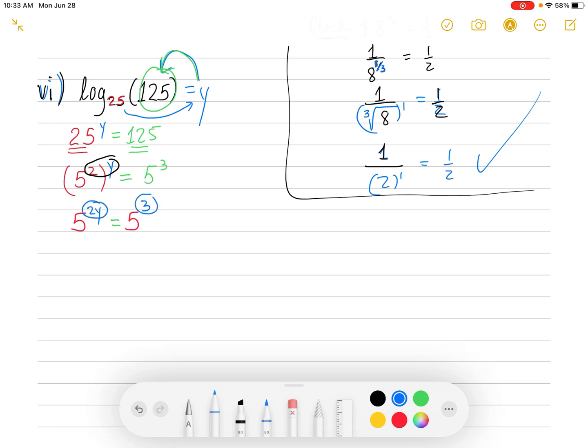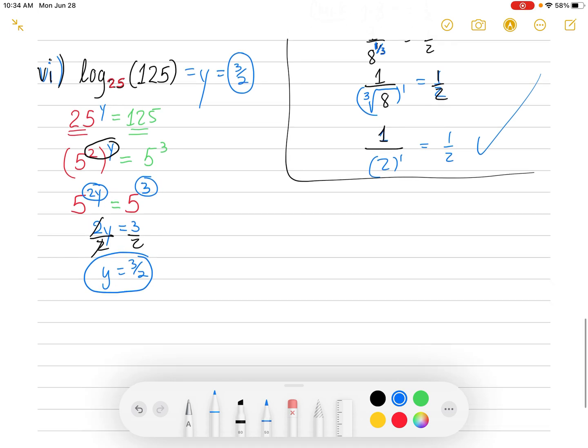We have 5 raised to the 2 times y equals, and on the right-hand side, we'll have 5 raised to the 3rd power. So since they're both in terms of base 5, we can set the 2y equal to 3. So 2y equals 3. Divide both sides by 2. The 2's cancel on the left, and you get y is 3/2. So our answer for this logarithm, log base 25 of 125, is exactly 3/2.